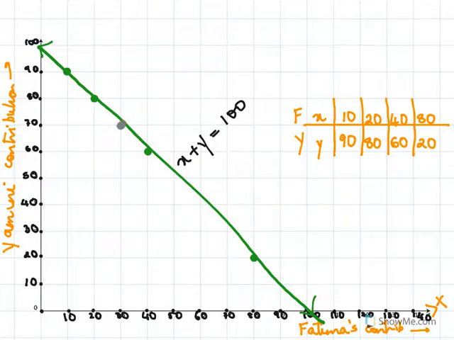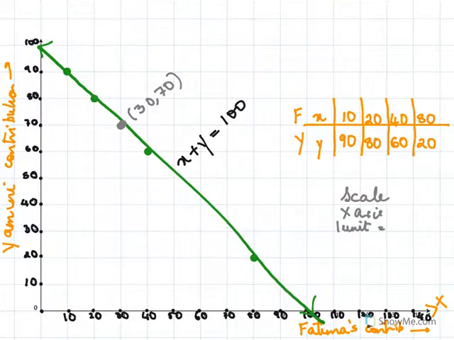This point here is 30 and 70. Add up, it will become 100. Here when you write a scale, for the x-axis, you see 1 unit you have taken as rupees 10, and for the y-axis, 1 unit you will also have taken as 10 rupees.